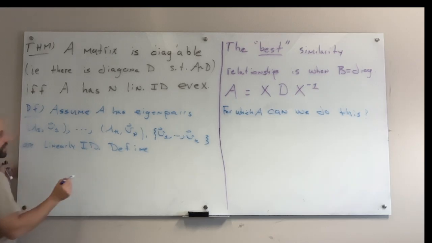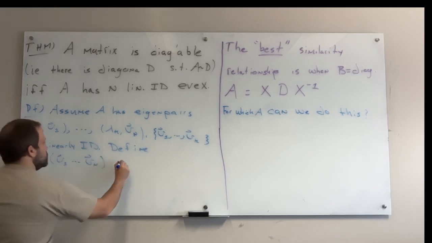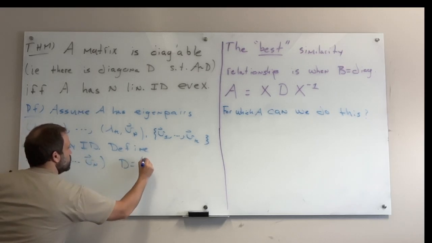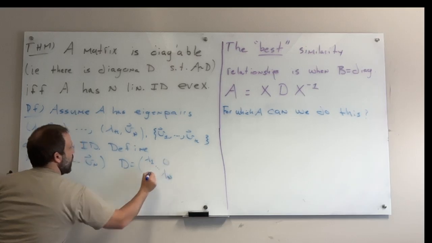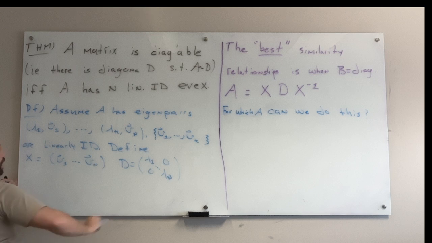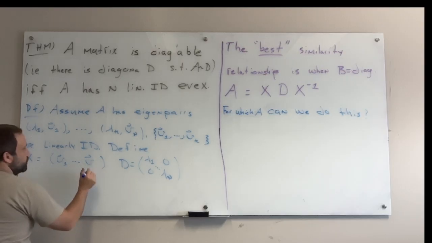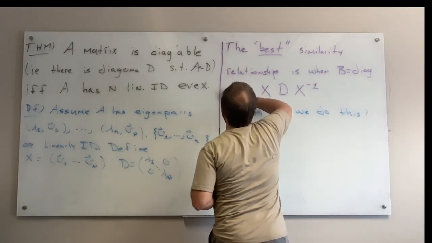We're going to make the following definitions. The matrix X is going to be the matrix whose columns are the eigenvectors, and the matrix D is going to be the diagonal matrix of eigenvalues. So lambda 1 goes along with the eigenvector v1, lambda 2 goes along with the eigenvector v2, and so on and so forth.